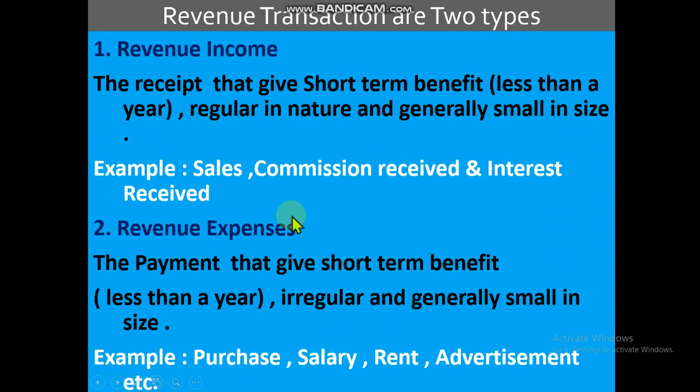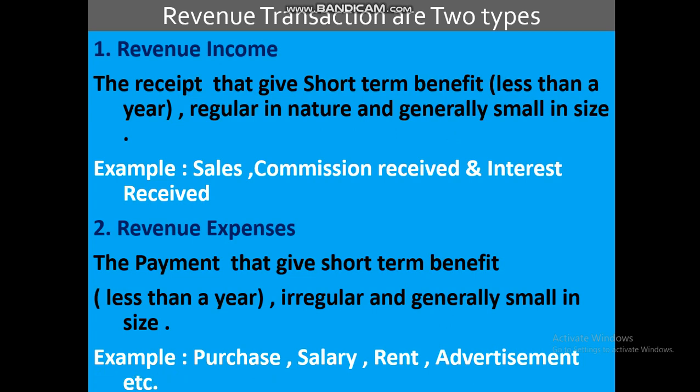Dear student, now revenue transaction. Revenue transactions are of two types: revenue income and revenue expense. Revenue income is the receipt that gives short-term benefit, less than a year, just the opposite of capital income, regular in nature and generally small in size. That means this type of transaction will occur regularly, like sales.